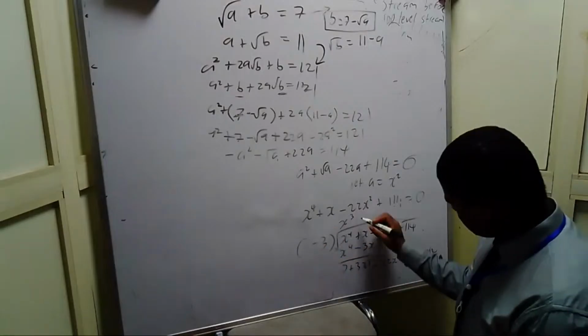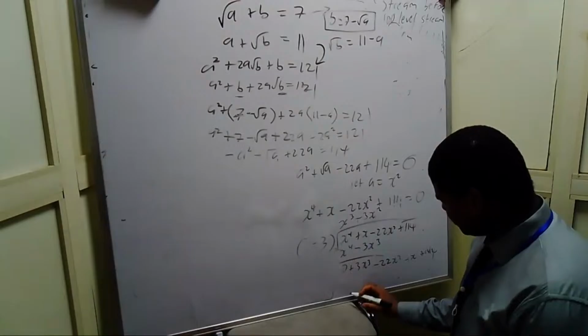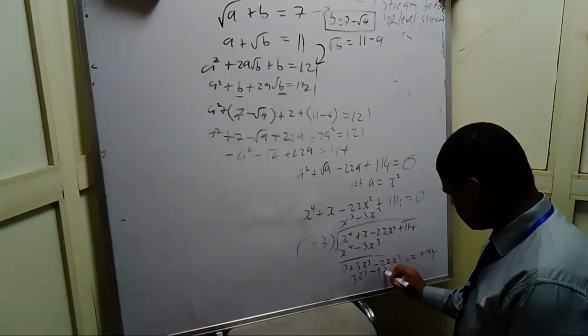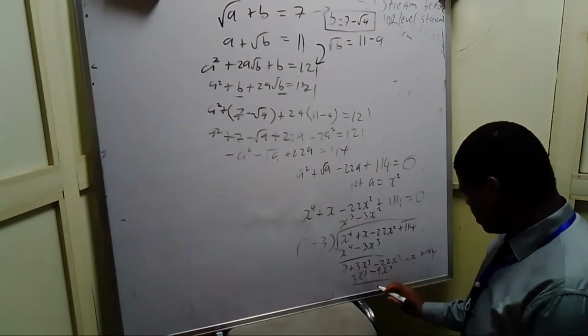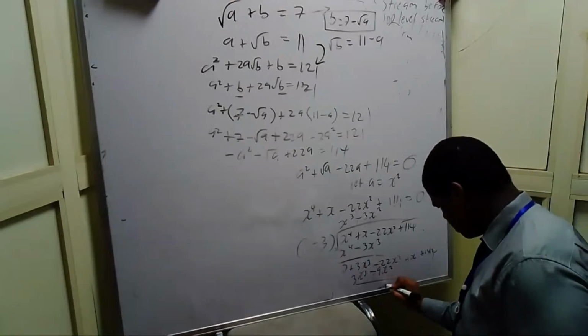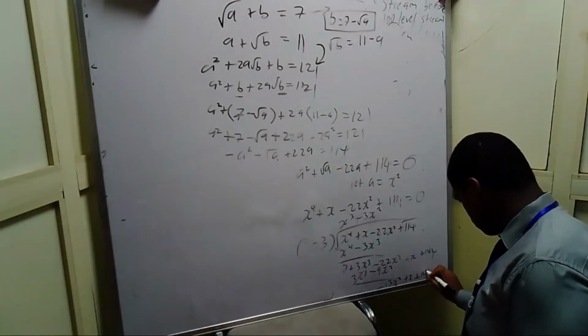3x cubed divided by x, we have plus 3x squared. 3x squared times x will be plus 3x cubed minus 9x squared. Subtract again and you have 9 minus 22, minus 13, and you have minus 13x squared plus x plus 114.